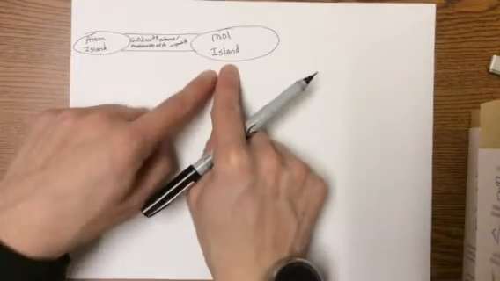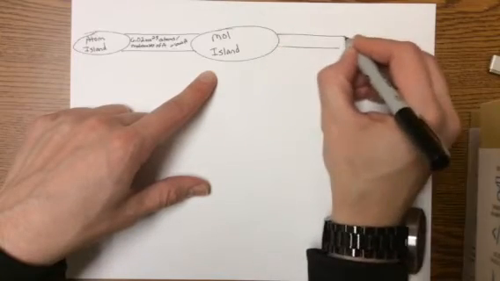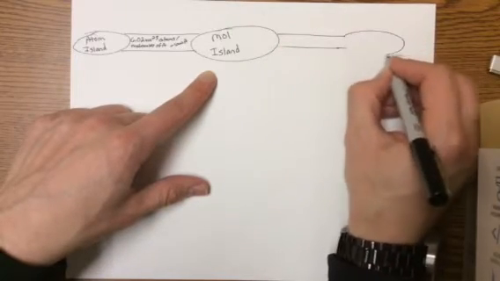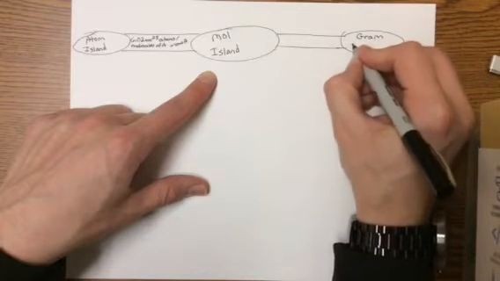We've also gone from Mole Island to its other neighbor over here, which is Graham Island.